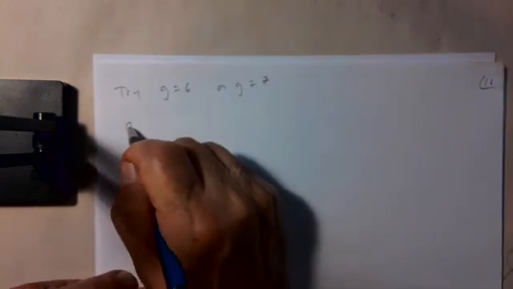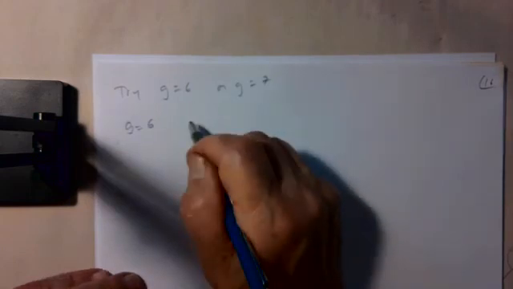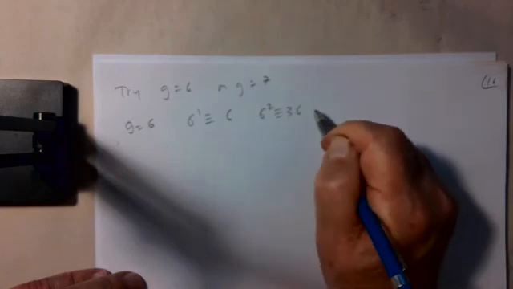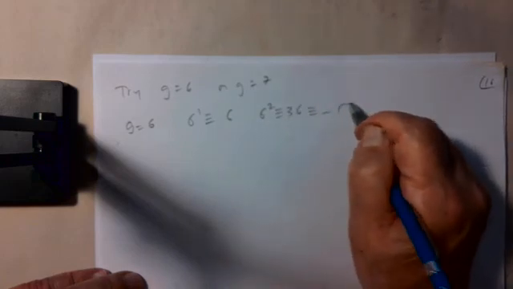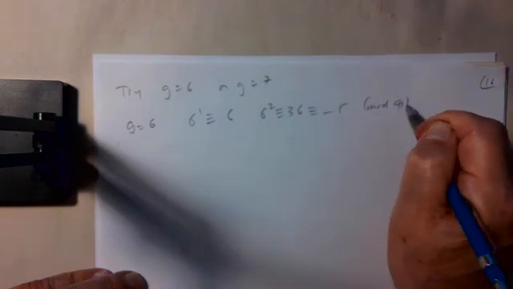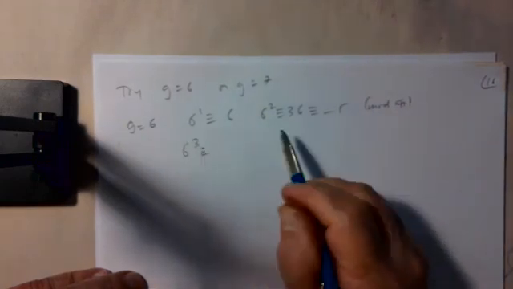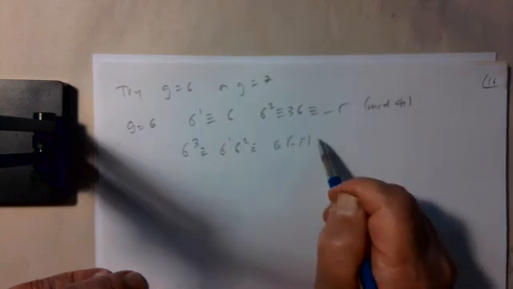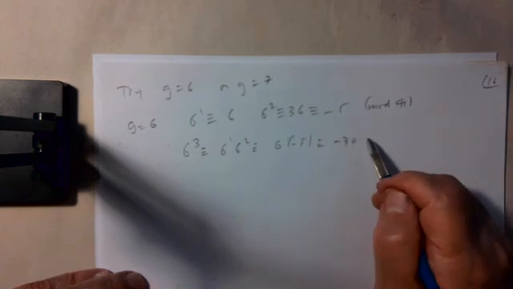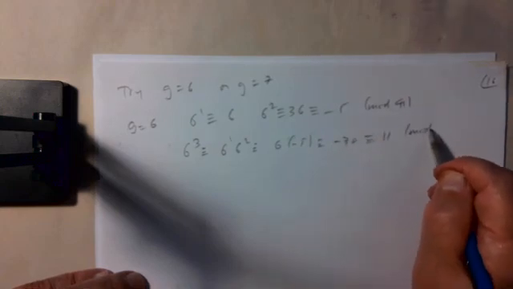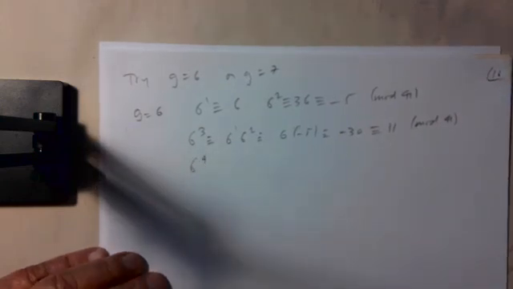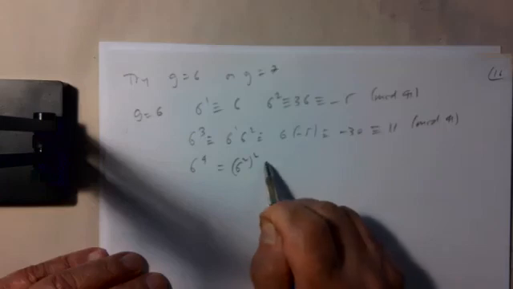Let's try g equals 6. I have no idea what's going to work. 6 to the first power is congruent to 6. 6 squared is congruent to 36, which is minus 5 mod 41. 6 cubed is 6 times 6 squared, which is 6 times minus 5, which is minus 30, which is the same as 11 mod 41. 6 to the fourth is 6 squared squared.